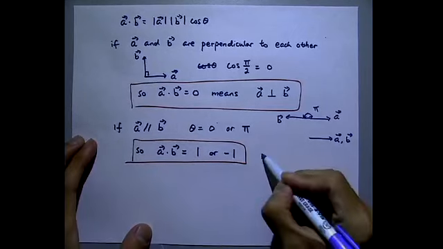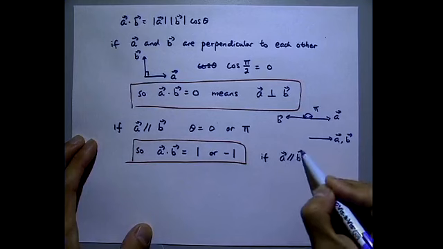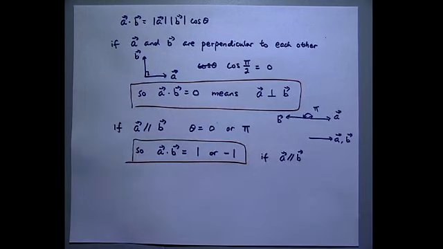Okay, so that's if A and B are parallel. That means they have the same direction or they have the exact opposite direction. Make sense? Any question on this stuff? Good? Okay.